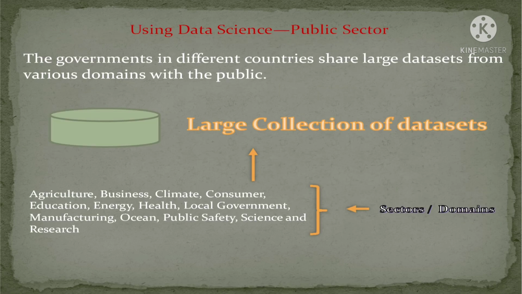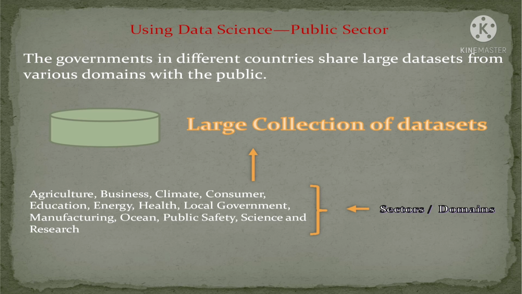Here, we can also use data science in the public sector. The public sector means it can be accessed by each and every person. The government sector has collections of large data sets, because it collects data from agriculture, businesses, climate, consumers, education, energy, the health sector, local government, manufacturing industries, the ocean, public safety, and science and research.